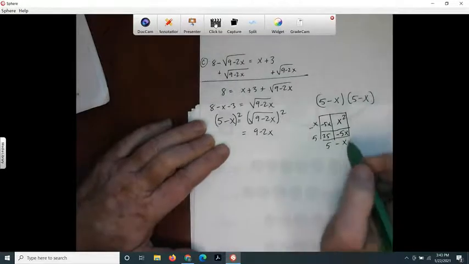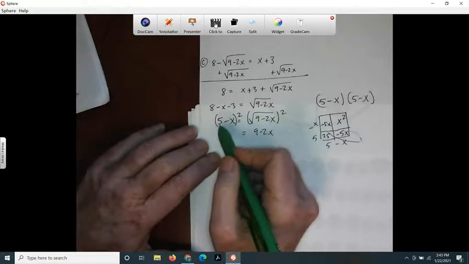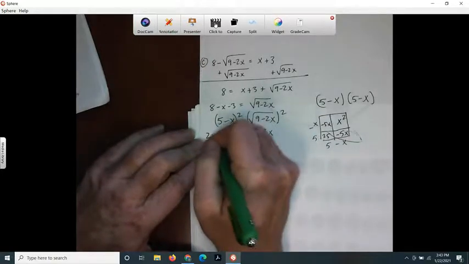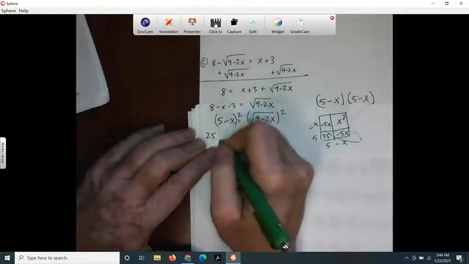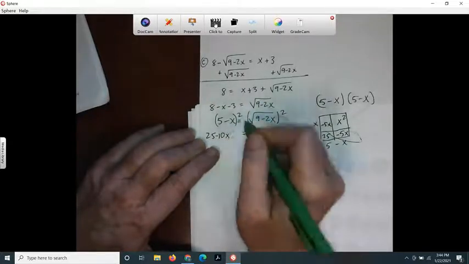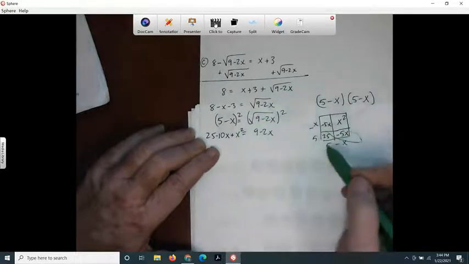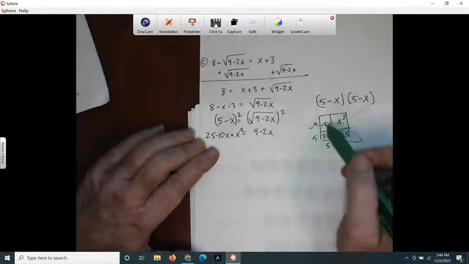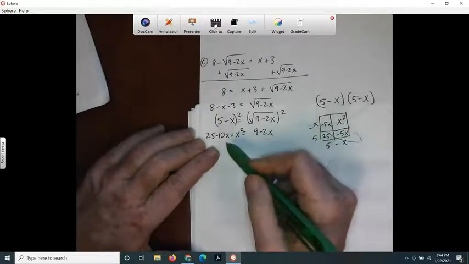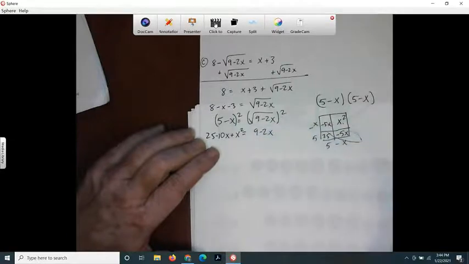See how you get two of these? So I can do them in my head. I just square the first thing, then take the first thing times the second thing times 2, and then square the last thing. And that's what we got, isn't it? We got x squared, and then these two made the negative 10x, and there's the 25.